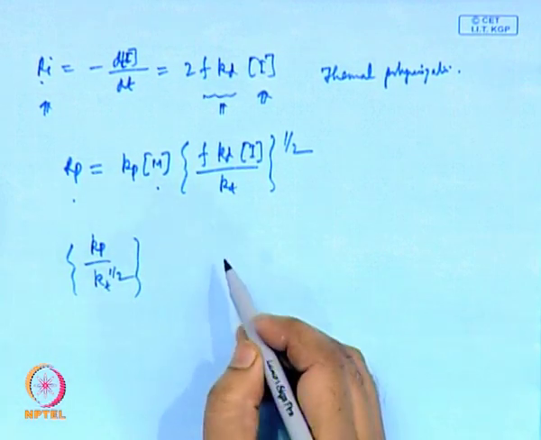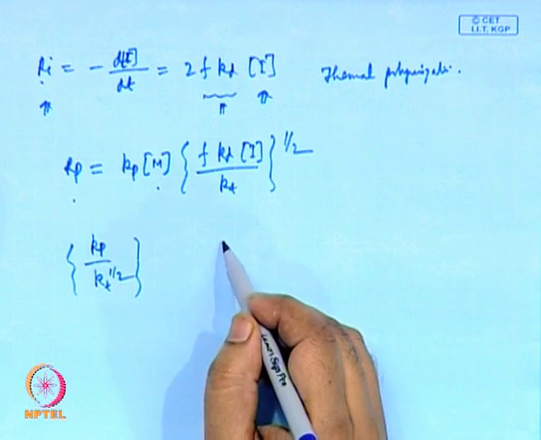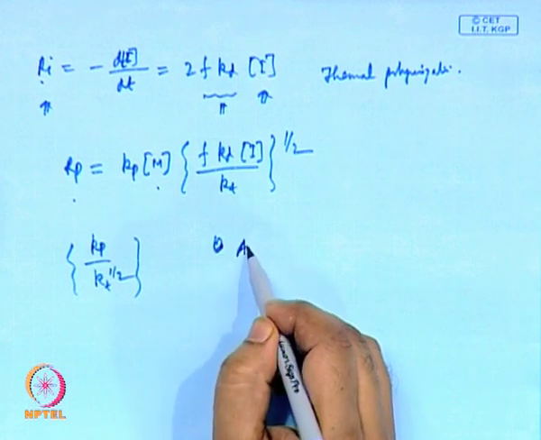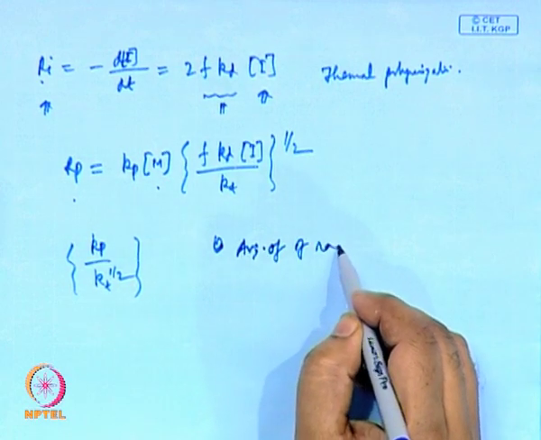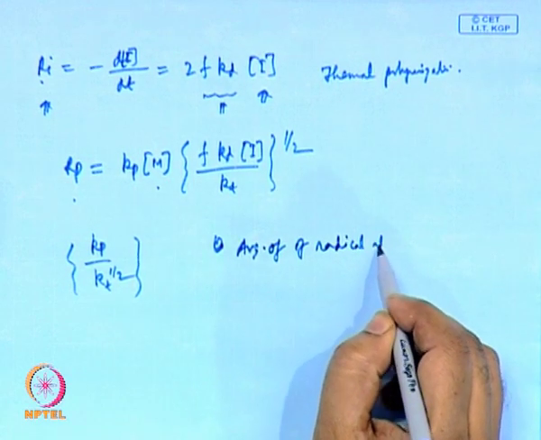To get this, we define the average lifetime of a radical at steady state.